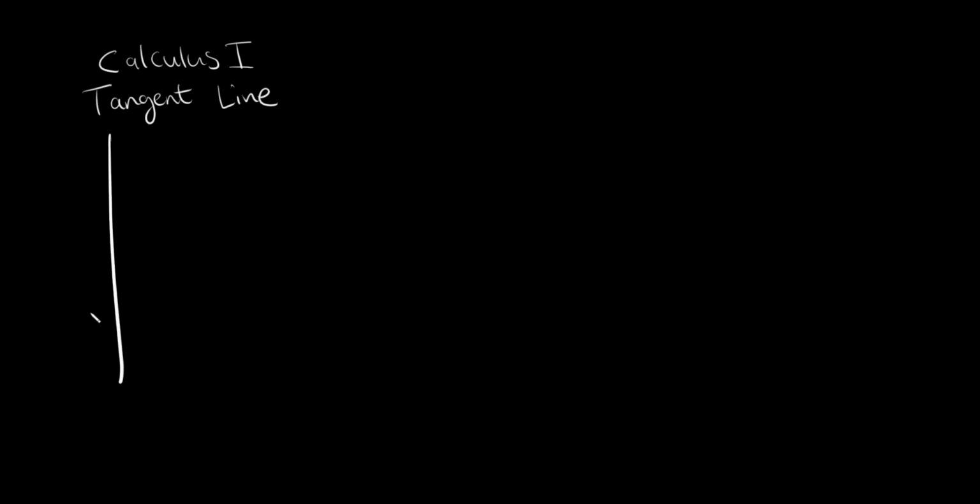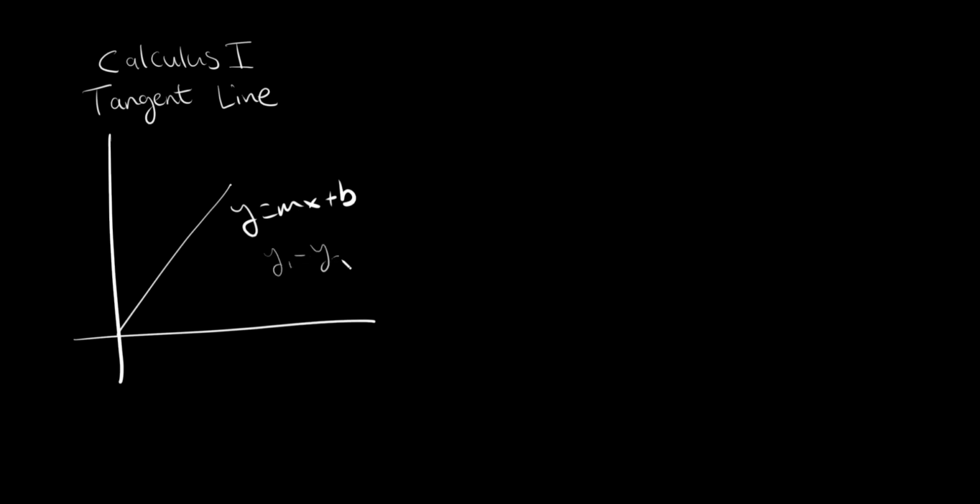So normally you guys are supposed to know this equation of the line, y equals mx plus b. So this equation can be written like so, and the equation of the slope is written like this.